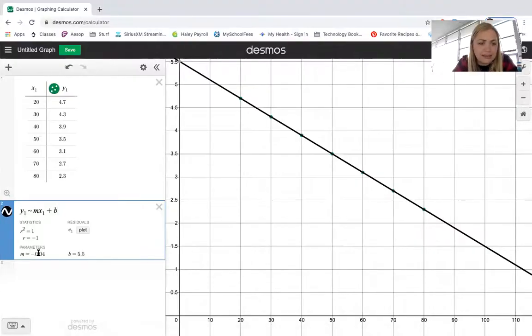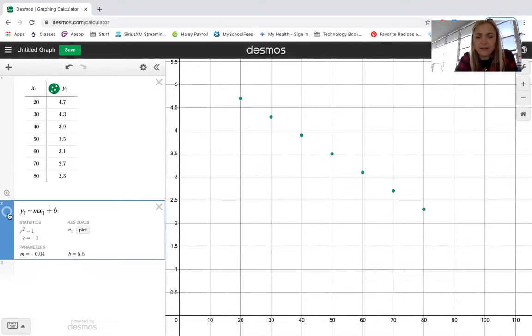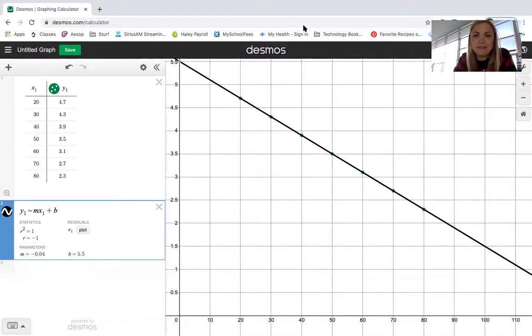And let's pull this M value straight from here. I'm going to write that on my paper. -0.04. And my B value right here is 5.5. Super important numbers. And by the way, you can also toggle this on and off with Desmos. That is our line of best fit. So this M and this B are going to be used with our line of best fit. That's why it's called a line of best fit here.